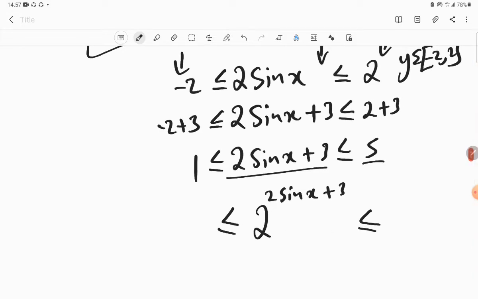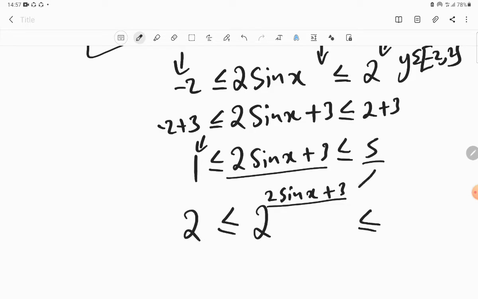Remember, the minimum value that you can put here is just 1. So if you want to find the minimum value of this whole function, we can just put 1 right in the exponent. If we put 1 there, we are just going to get 2, because 2 to the power of 1 is just 2.